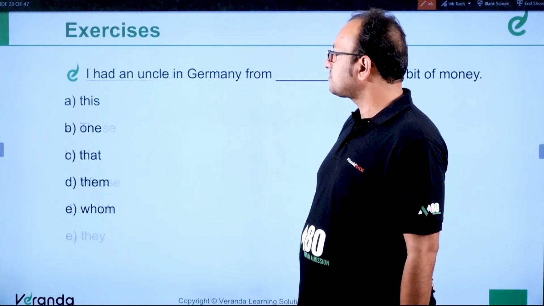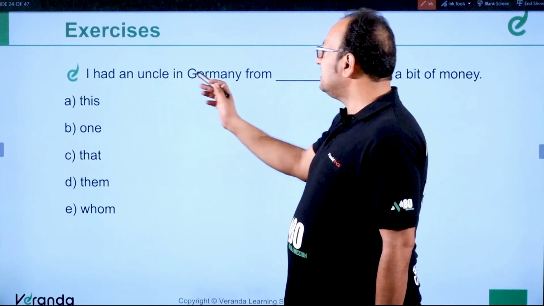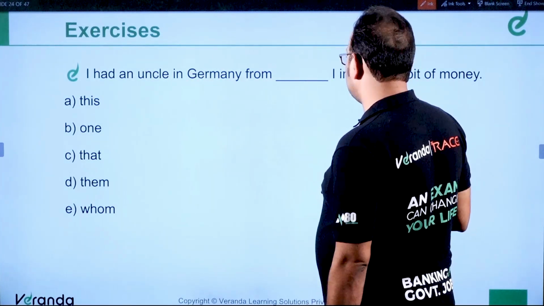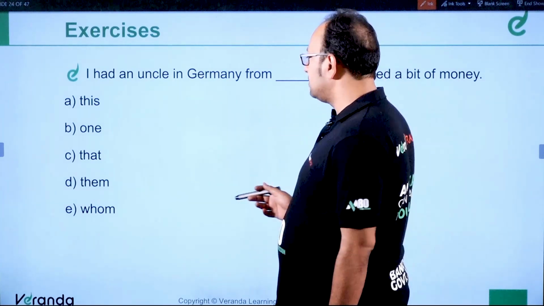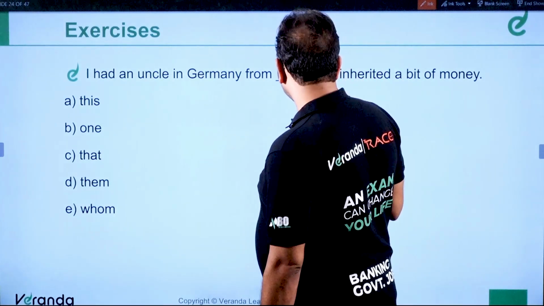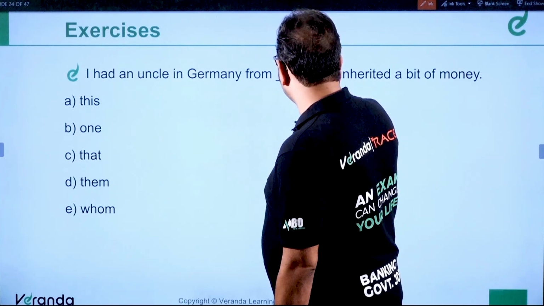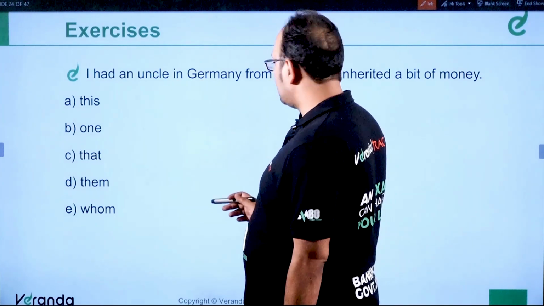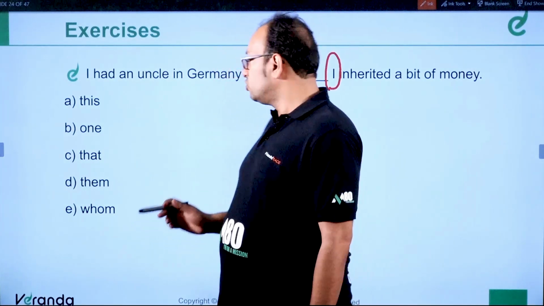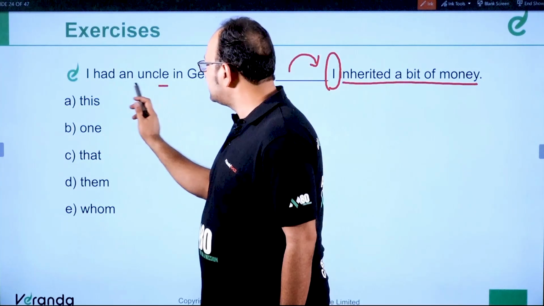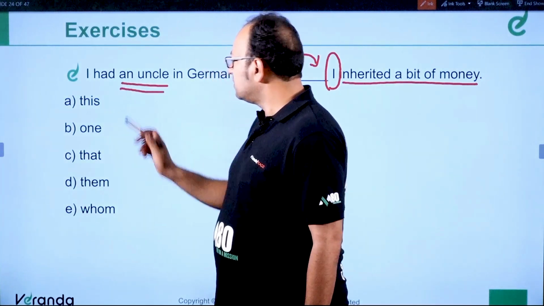Moving ahead. I had an uncle in Germany from dash I inherited a bit of money. Okay. So we are talking about a subject coming after a blank. I inherited a bit of money, and the uncle is the object.